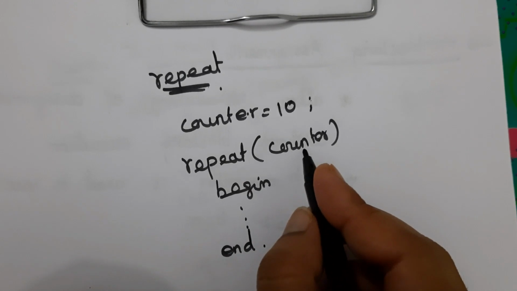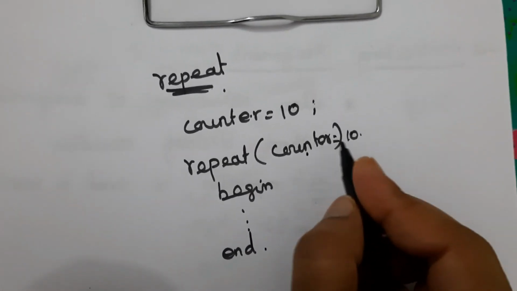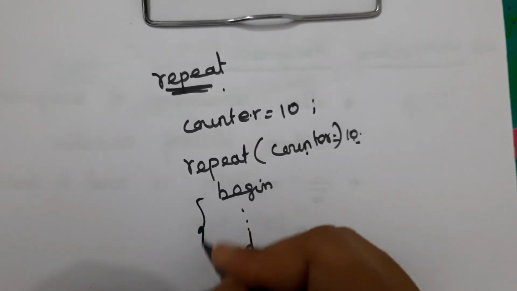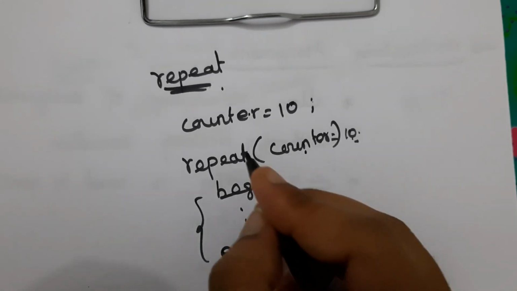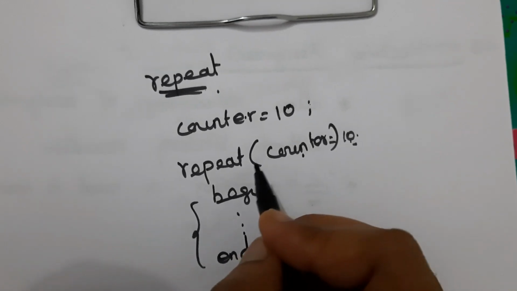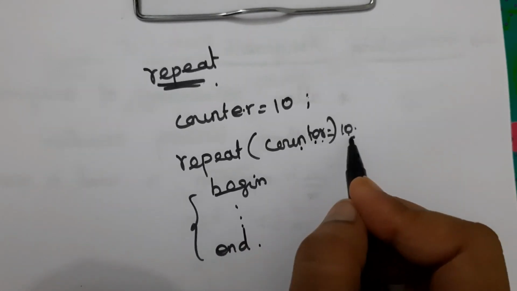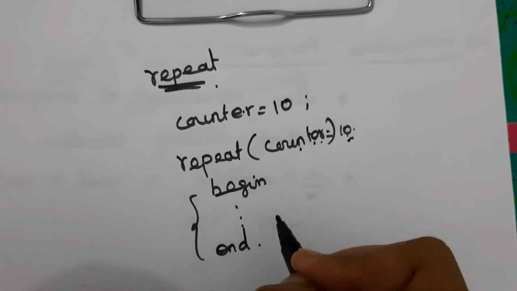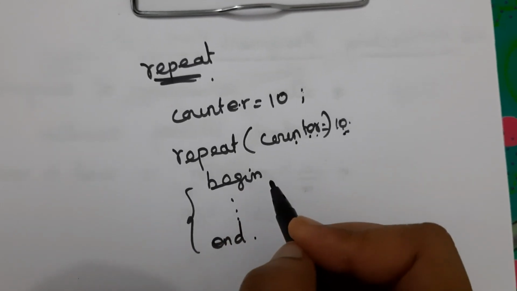So whenever the counter is equal to 10, for that value this process repeats. So this is the function of the repeat conditional statement.